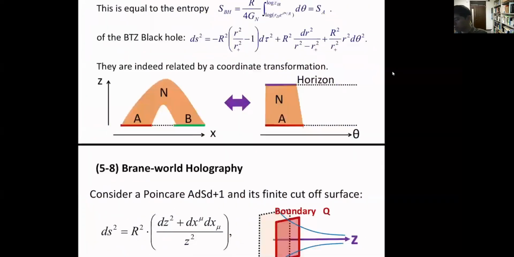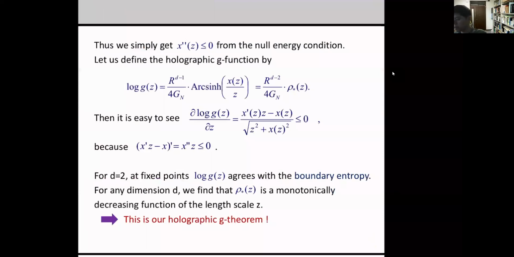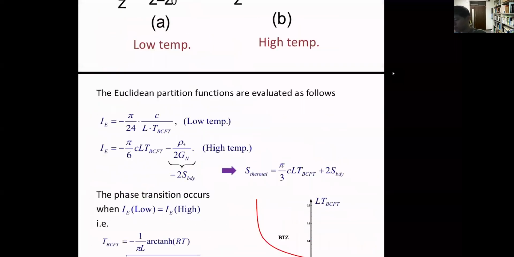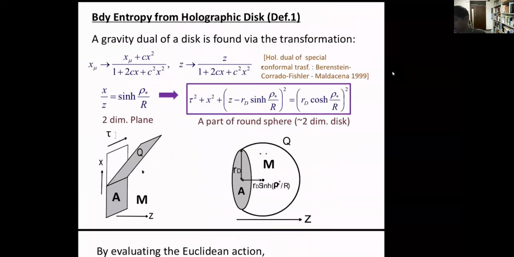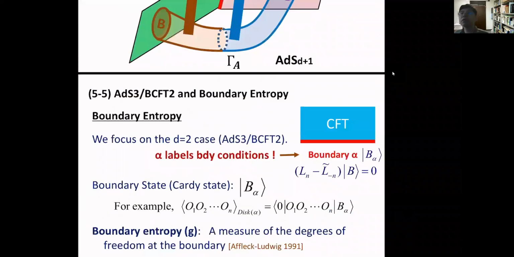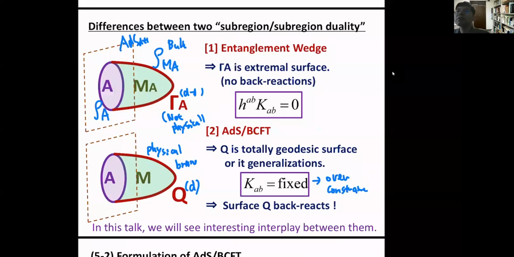So these two are very different. Q is codimension 1, because the total space is AdS_{d+1}.